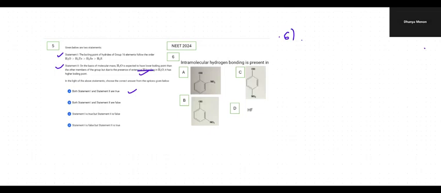So this is our phenol, and with respect to OH, the nitro group is in the ortho position, and there is a chance of intramolecular hydrogen bonding in orthonitrophenol.